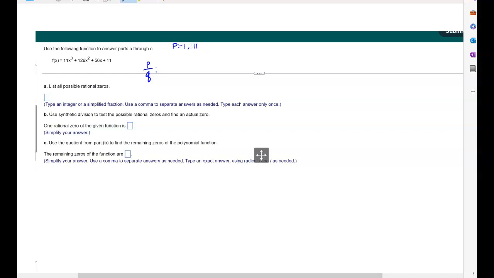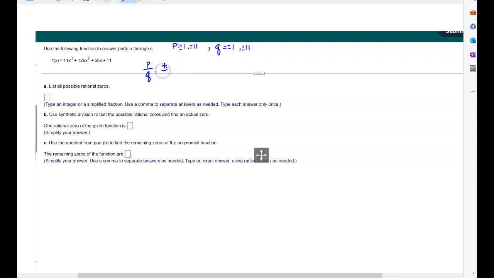And you always put plus or minus, or you can put that in towards the end. And also your Q are all factors of 11 as well, because the coefficient of x squared is also 11. So you have 1 and 11 as well. Those are all the factors, because 11 is not factorable. Then you form a ratio between these two. So if the numerator is 1, you would always put plus or minus.